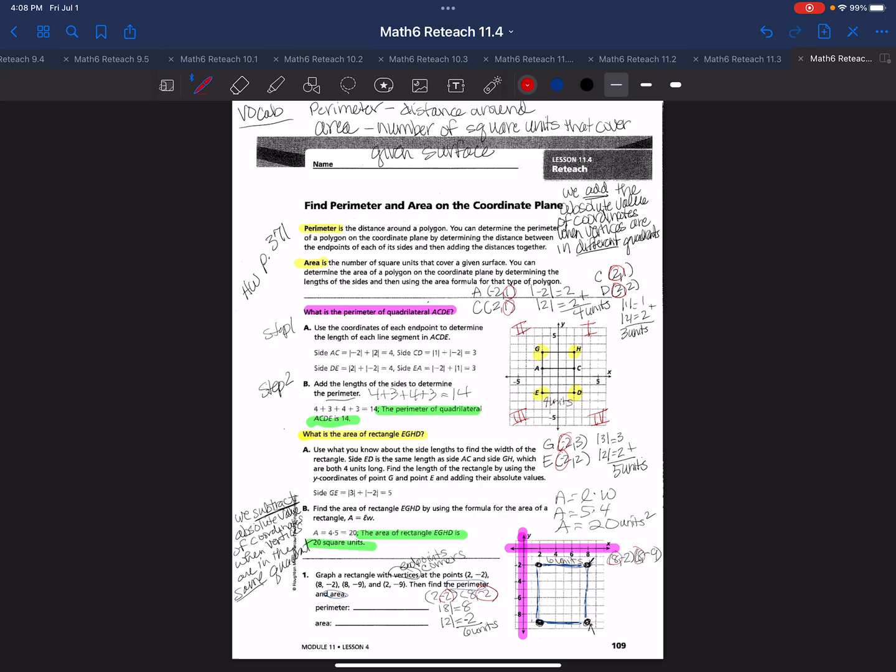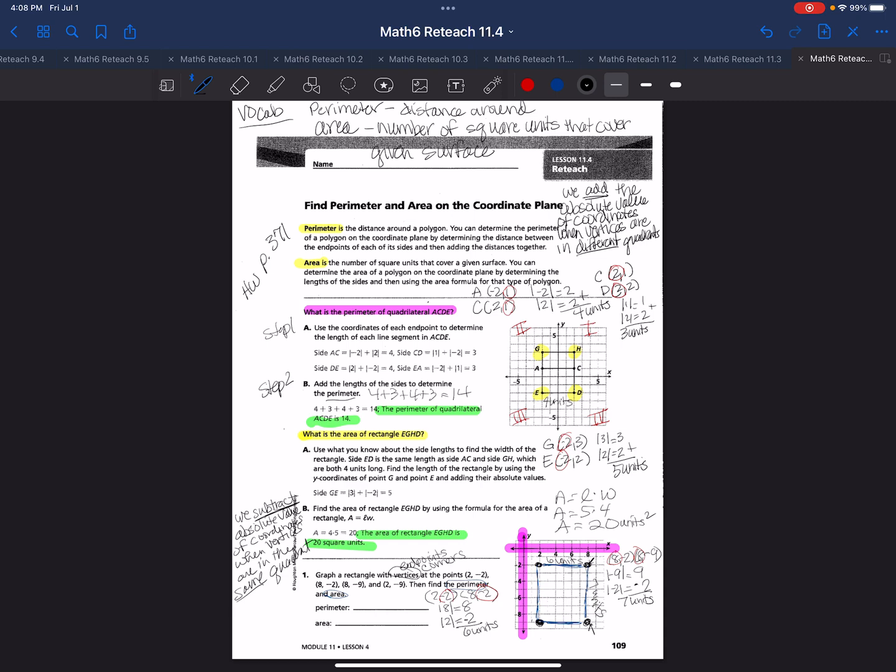These have the same x value. So it's a vertical line segment, and I need to take the absolute value of -9 and -2. The absolute value of -9 is 9. Absolute value of -2 is 2. I need to subtract them, and I get 7 units. So I know this side length here is 7 units.